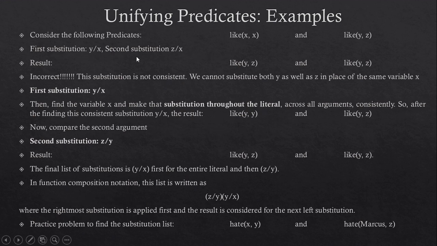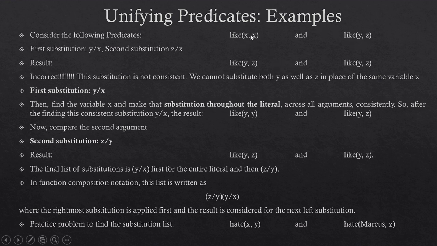Now, let us consider another example. We need to unify the following expressions: like(x, x) and like(y, z). The two predicate symbols match. The number of arguments also matches.